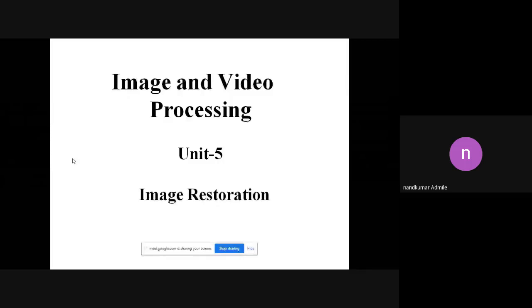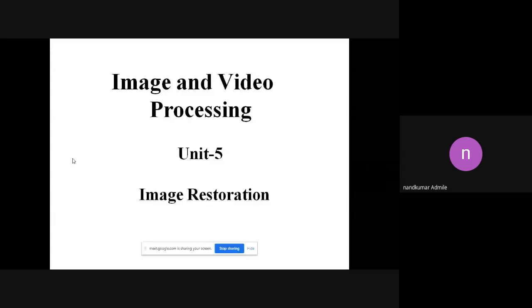Similar to that, in image restoration we have to study how we can restore the image which is affected. Restoration is basically an inverse process. In image processing, we improve the quality of the input image, and by using various types of filters we can remove the noise present in the image.